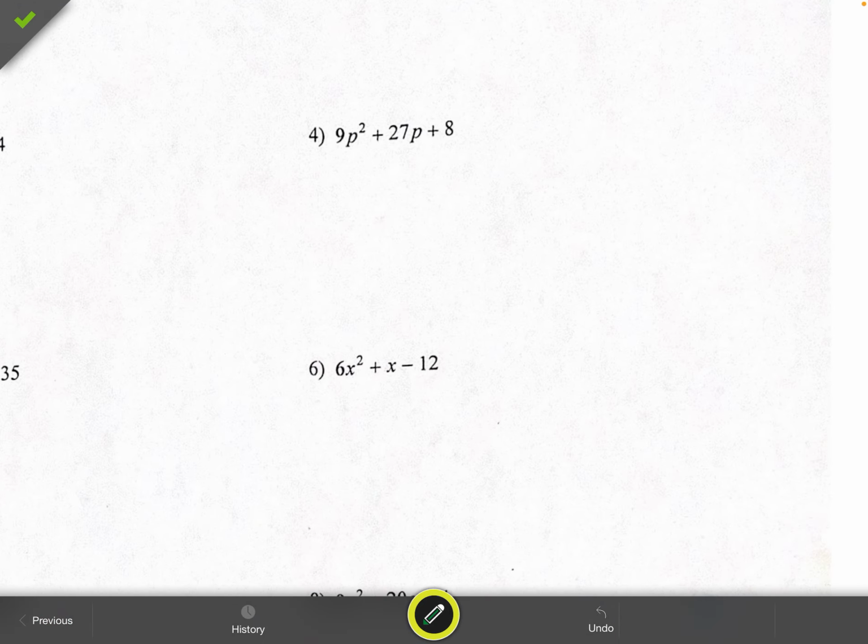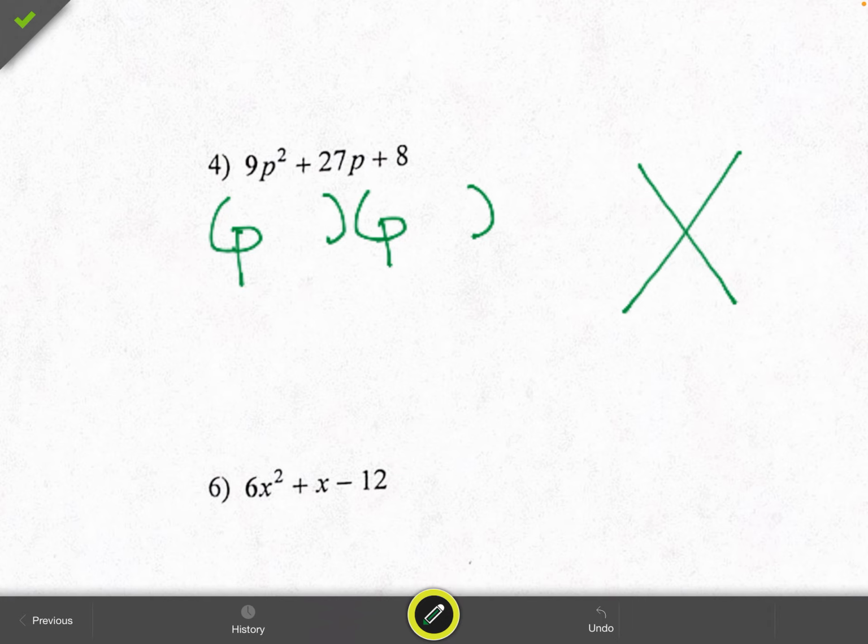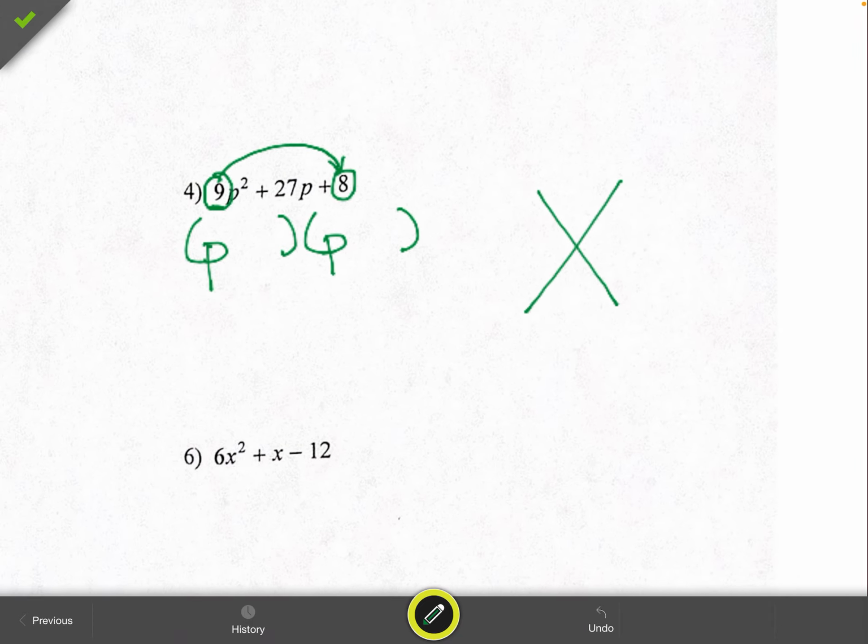And let's set up our x puzzle. So we're going to look for factors of, now remember, because this is not a 1, we have to slide it over with the 8. And when you slide it over with the 8, you need to multiply them. So that gives me 72. So we're looking for factors of 72.